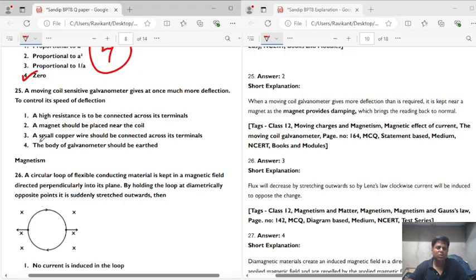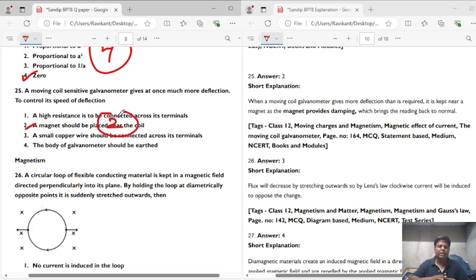Yes. A small copper wire should be connected across its terminal? No. The body of galvanometer should be earthed? No. The correct answer is option 2: by keeping a magnet close to the coil, it will work as a damping magnetic field and reduce the deflection, so the deflection will be in control.